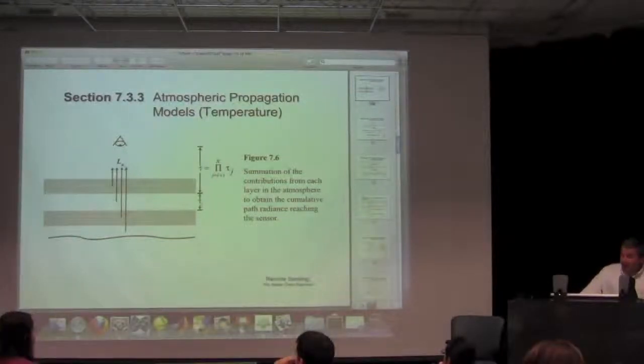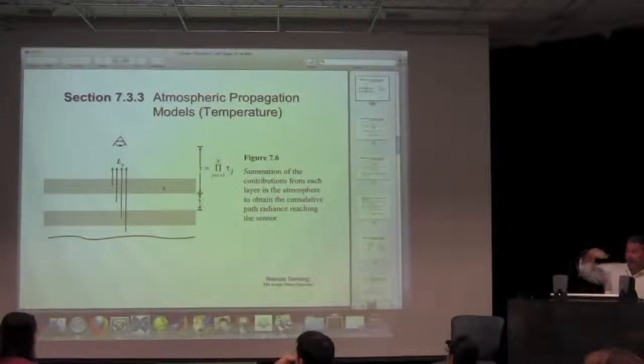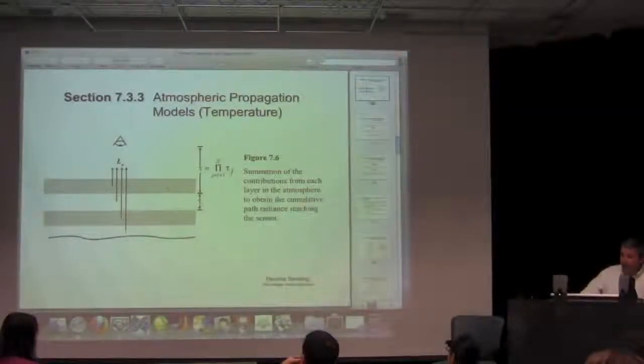Well, you have to take a look at that and say, all right, what does that really mean? Let's say this is the last layer of the atmosphere, you're at the edge of the Earth's atmosphere, you have a satellite-based sensor, for instance, and this is the last one that you defined in the model. The path radiance originating from there goes directly to the sensor. If you go to the layer right below that, the contribution from that layer has to go through the layer above it, right?